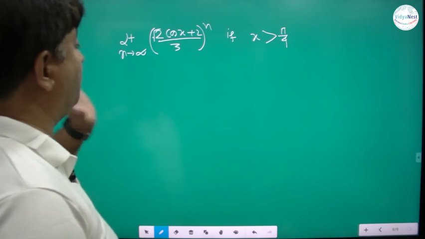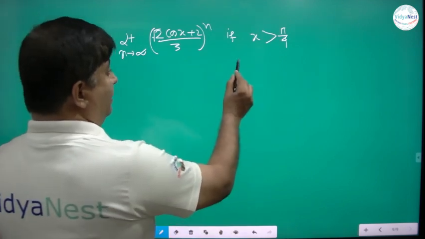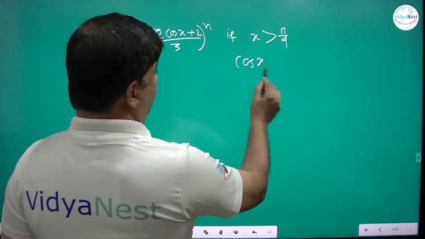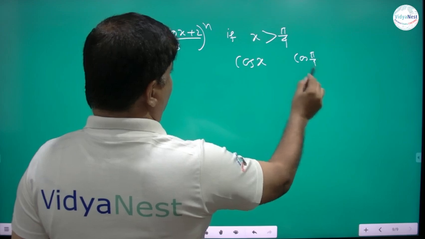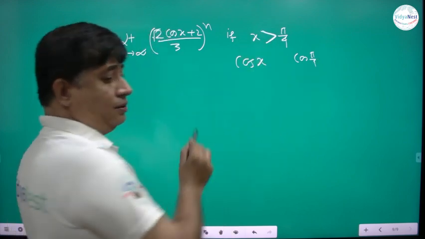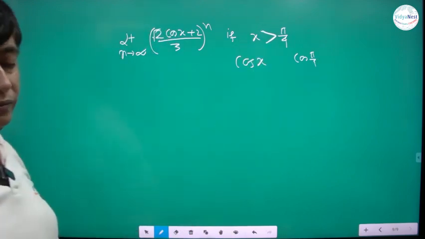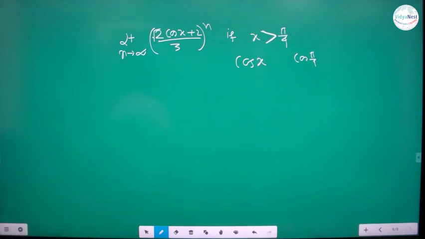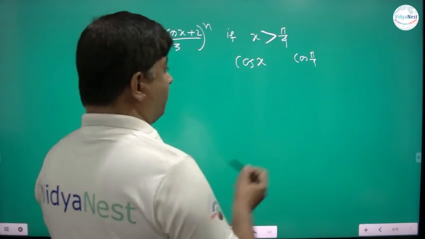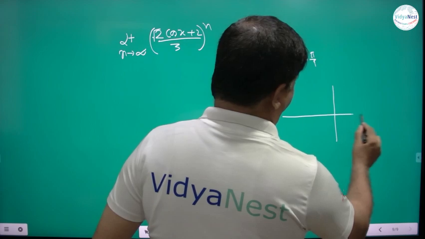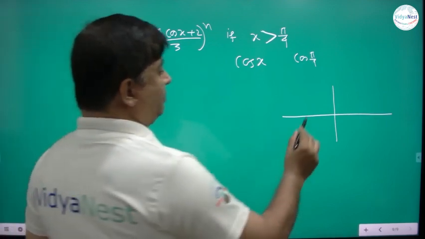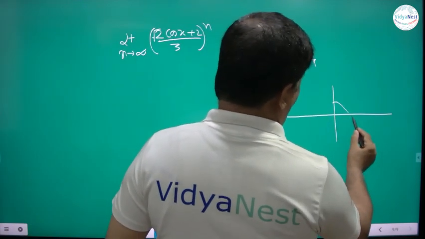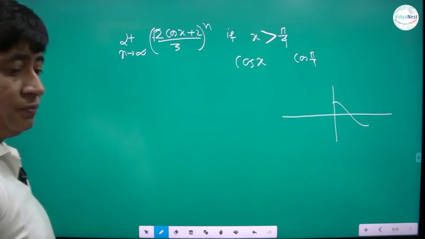Now, how to proceed? If I take cos to both sides, this greater than sign will remain or not? No. Why? You observe the graph of cos. This is cos.